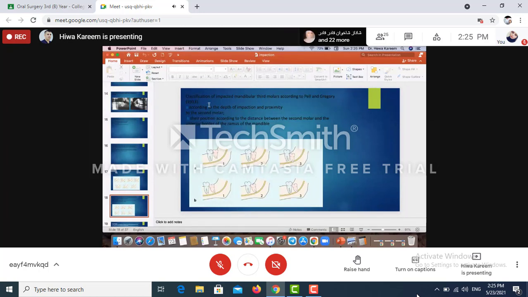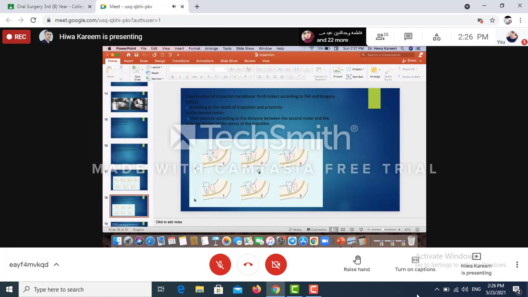This classification classifies the impacted third molar according to criteria. First, the depth of the impaction and proximity to the second molar, A. And B, position according to the distance between the second molar and the anterior border of the ramus.